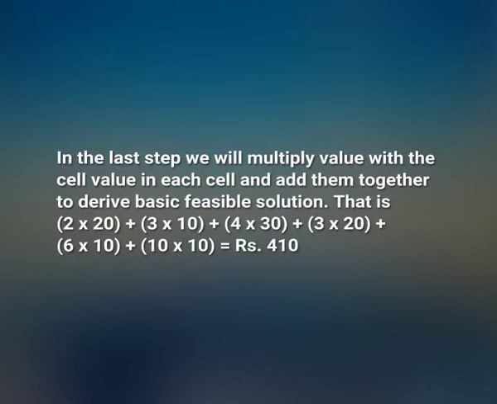That is 2 multiplied by 20 plus 3 multiplied by 10 plus 4 multiplied by 30 plus 3 multiplied by 20 plus 6 multiplied by 10 plus 10 multiplied by 10, which is equal to rupees 410.